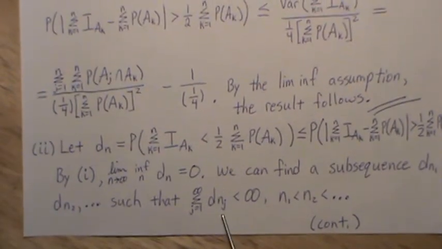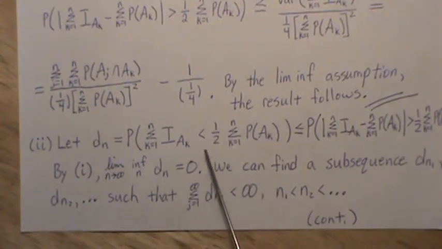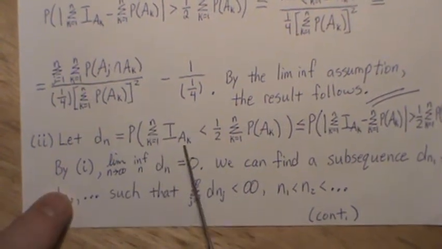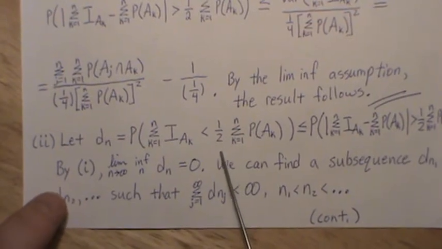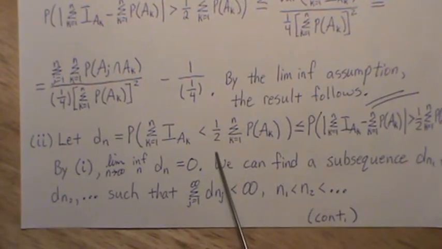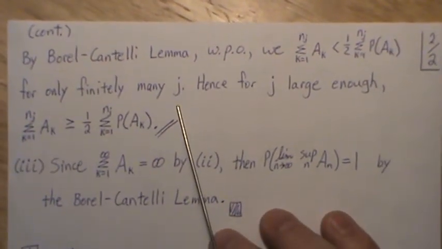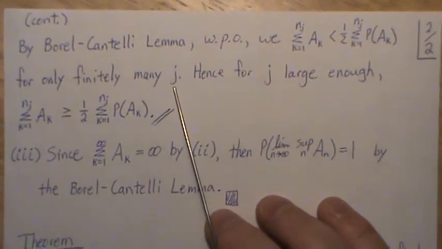If it were infinity, that says that this would happen infinitely often. But since it's finite, it says this event doesn't happen infinitely often. So that means at some point it has to stop. So it can only happen for a finite number. Could be really large, but we know that for a fact now.